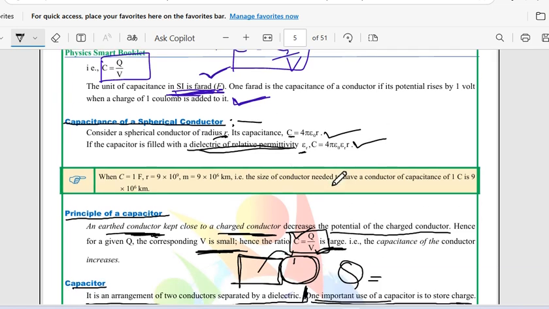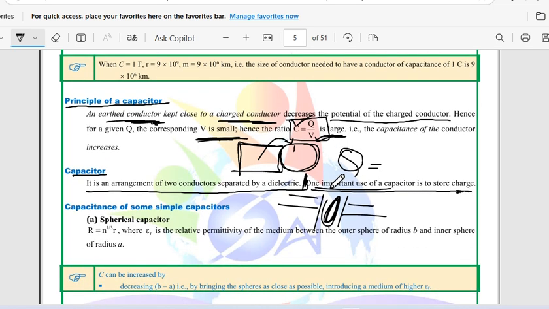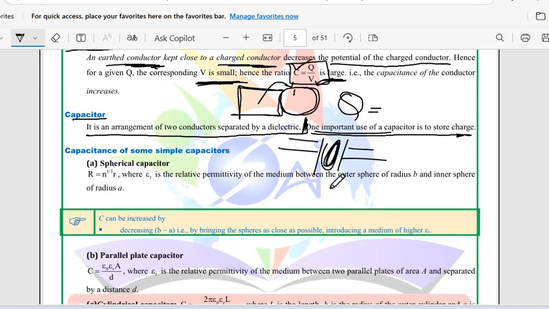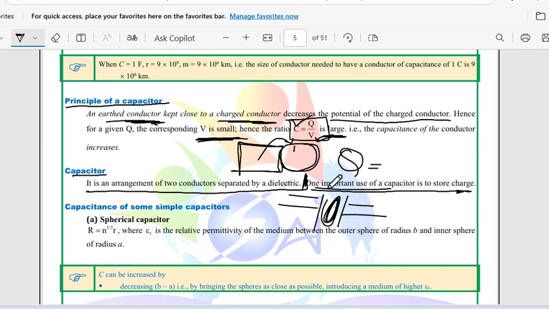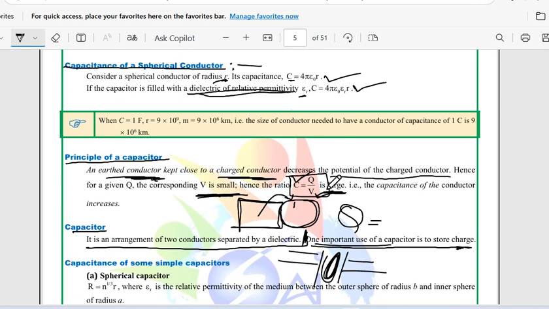I mean the symbols for fixed capacitors as well as for variable capacitors. In the next session, I will discuss the capacitance of some simple capacitors and the applications given in the syllabus. By this I am going to wind up the session today. I hope this concept is very clear to you.